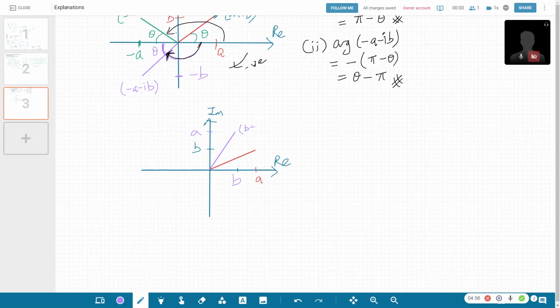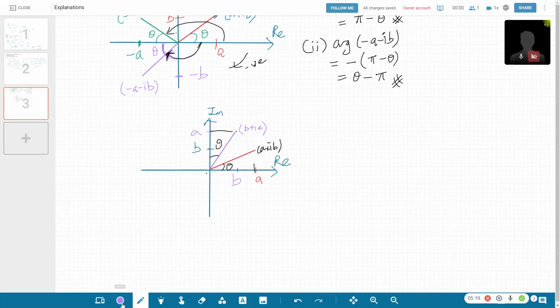So now, for a plus ib, this one, this is our theta. It's tangent inverse of b over a. So the other way that I can say your theta is tangent inverse of b over a. So this is also theta.